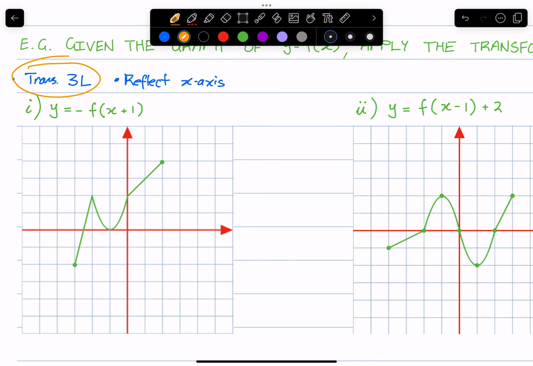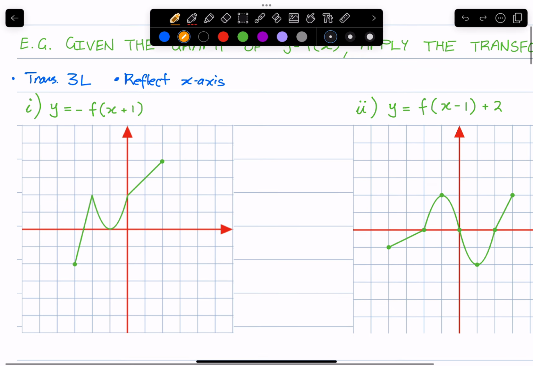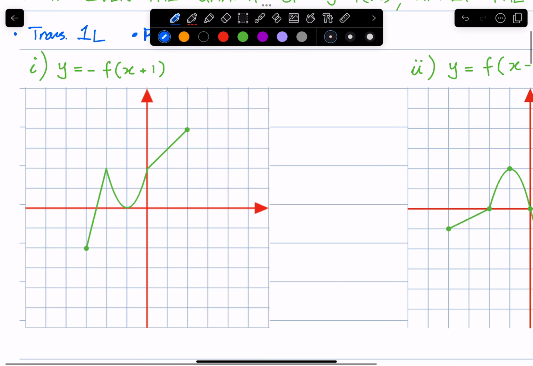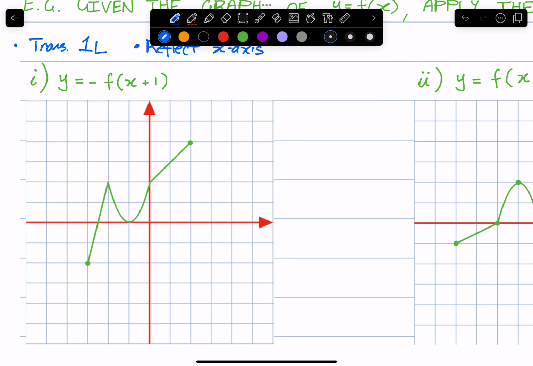So let's translate this whole thing 1 unit to the left. Let's look at the critical points here. This point, don't know the coordinates, but using the blocks, 1 unit left would be this one. This point here, 1 unit left, would be here.